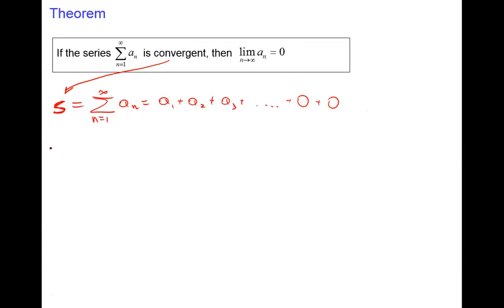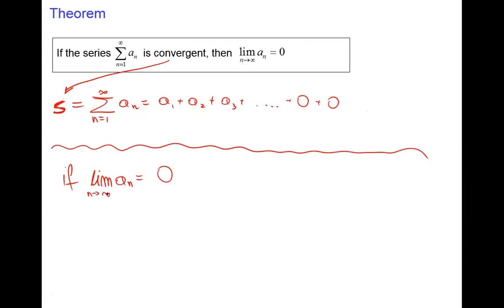But please remember, which is now my point, the converse of this statement is not true. What I mean, if the limit of the sequence a sub n, the behavior of the sequence at infinity, is 0, we can't conclude convergence of the series.